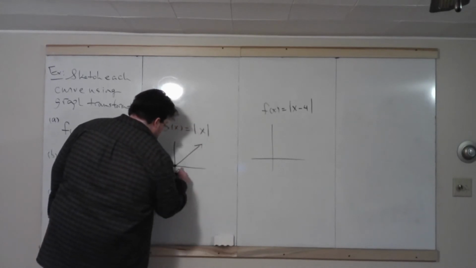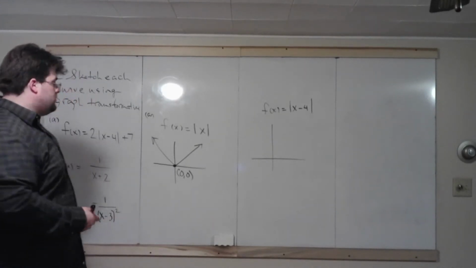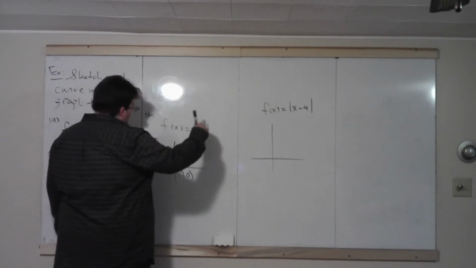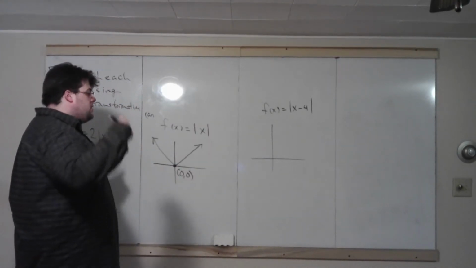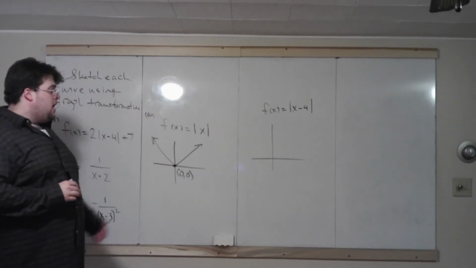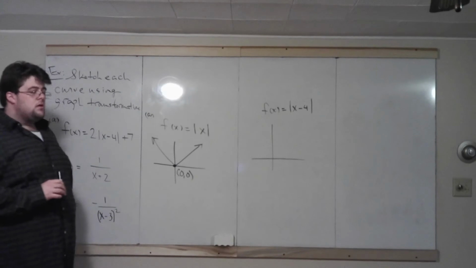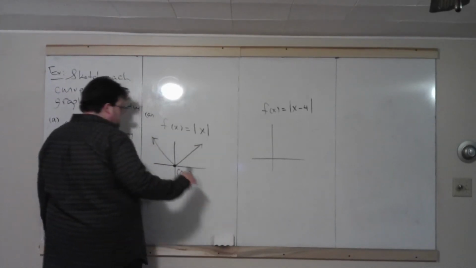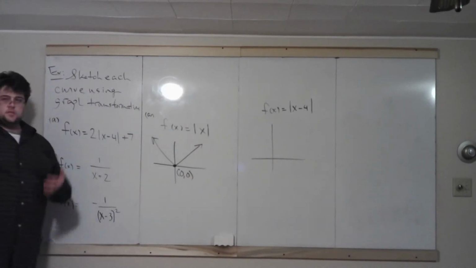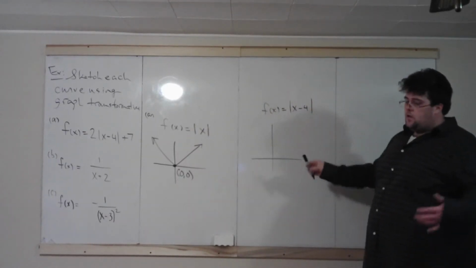This function goes through 0, 0. Why does it go through that? It goes through that because the absolute value of 0 is 0, from just looking at that first curve. But notice, x equals 0 gives us this corner point, and that happens when what's inside the absolute value is 0.